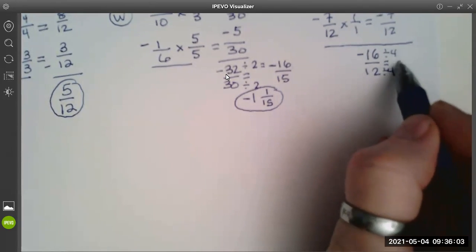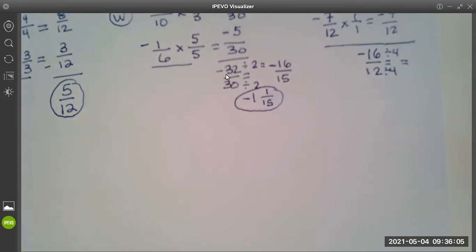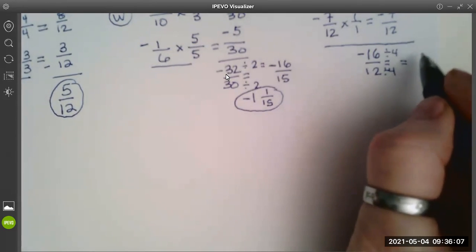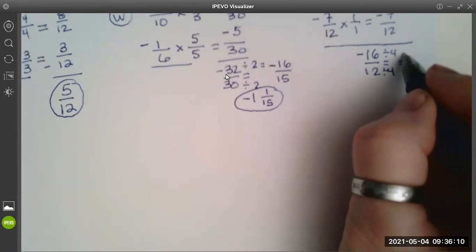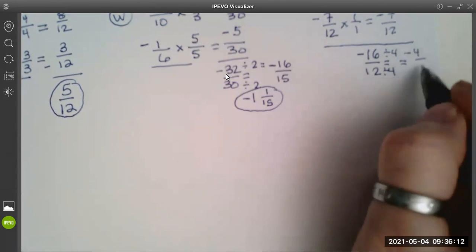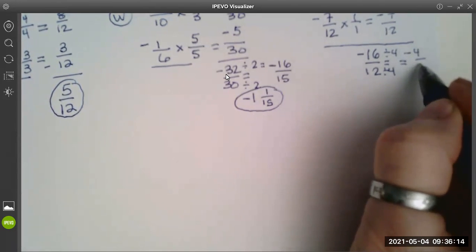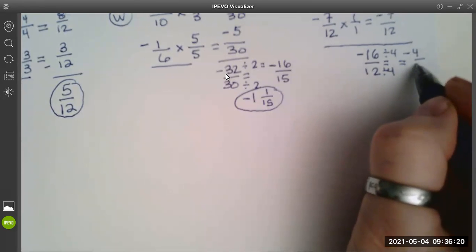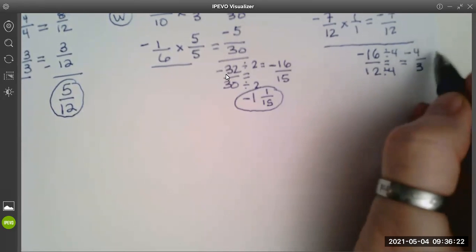Okay, 16 divided by 4 is how much? Negative 4. And 12 divided by 4? Three. And I see an improper fraction again.